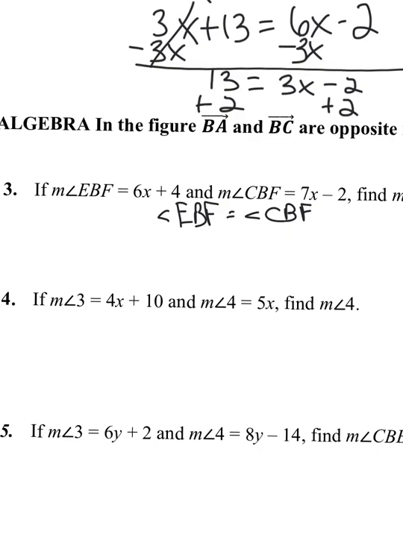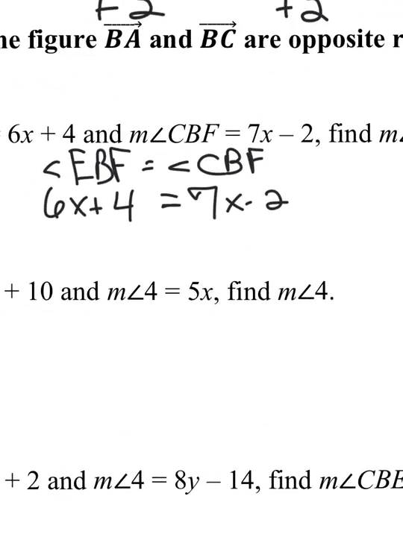It wants me to plug x back in, okay? So 6x plus 4 equals 7x minus 2. You have choices here. You can move your x's over first. You can move your numbers over first. If you're really good at math, then move them both over at the same time. But I'll go ahead and show what I'm going to do.